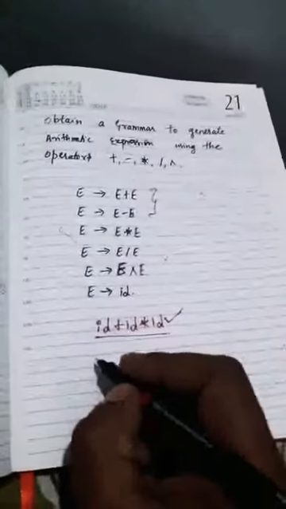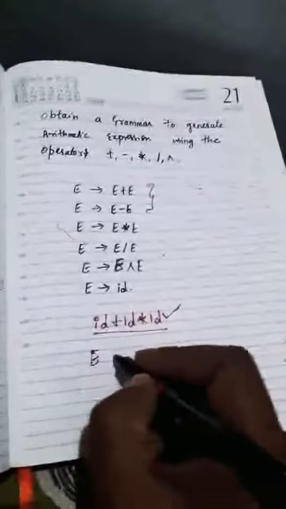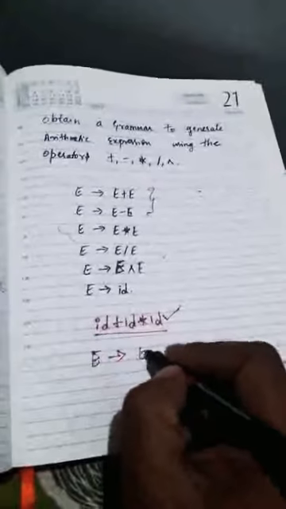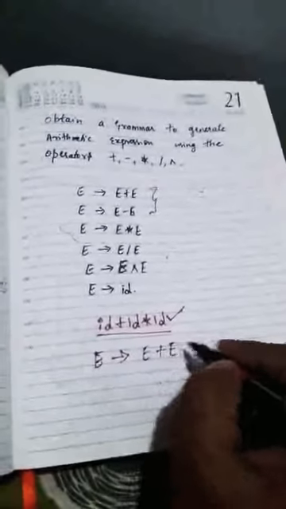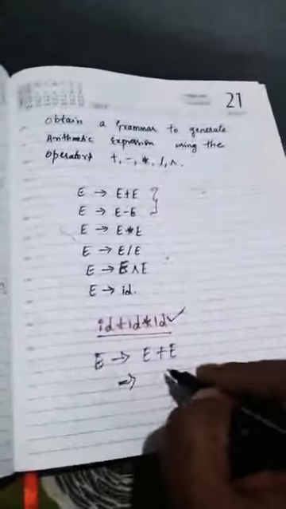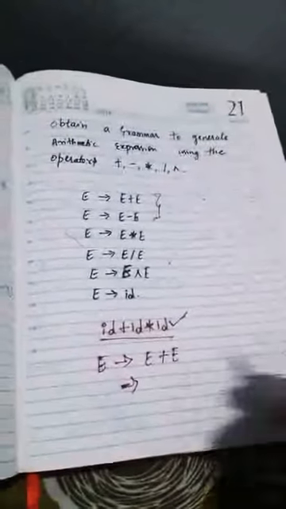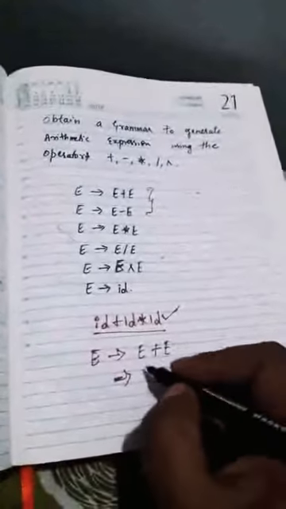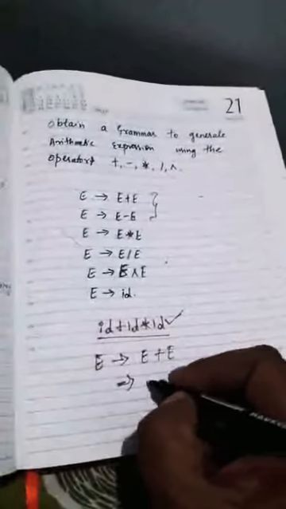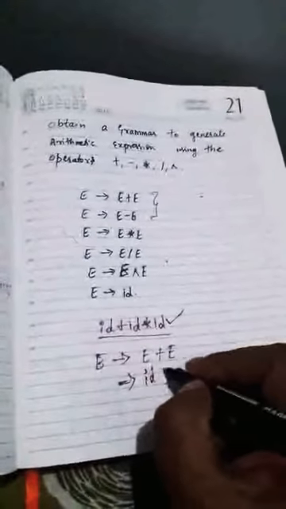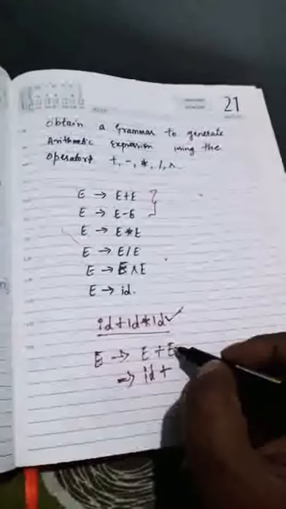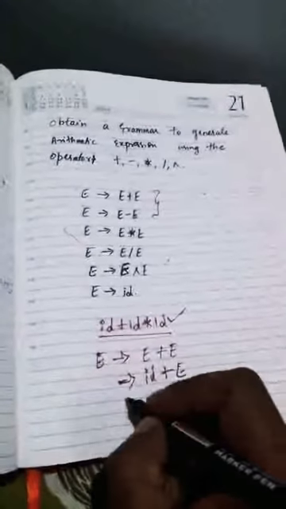So we take the first production, E tends to E plus E. Next I'll be using leftmost derivation, where this E will be replaced with id plus this E, which I'll keep as it is for the time being.